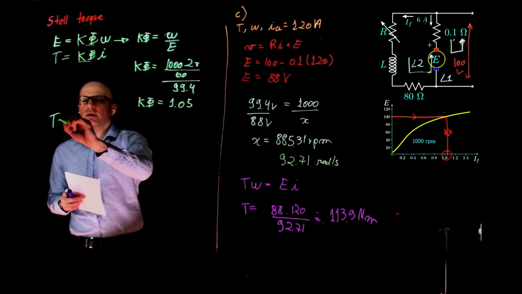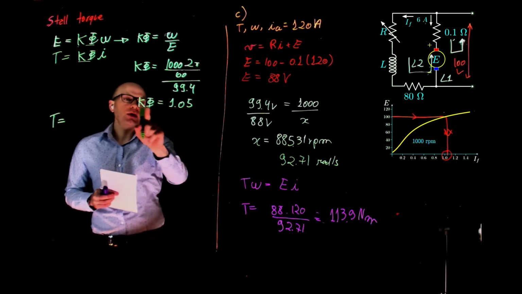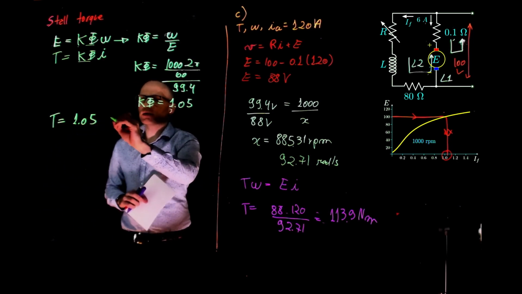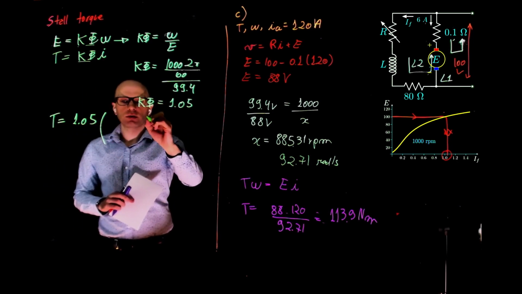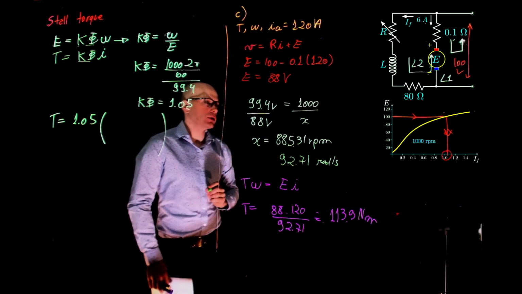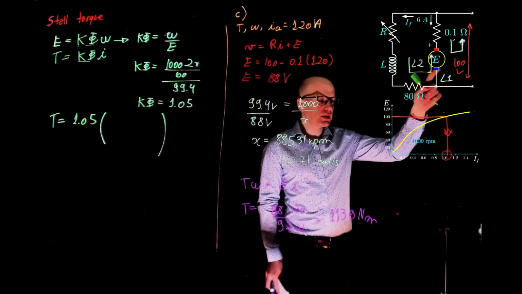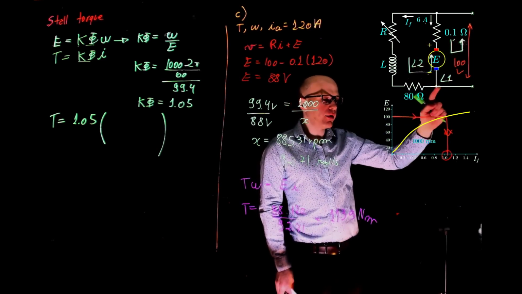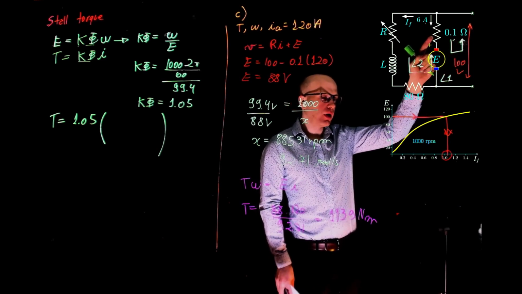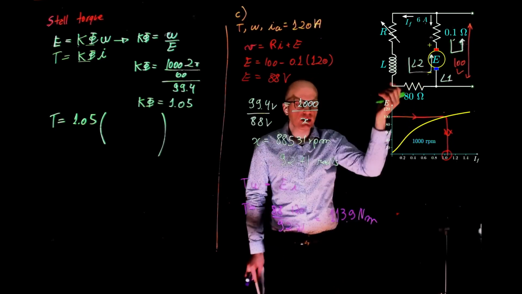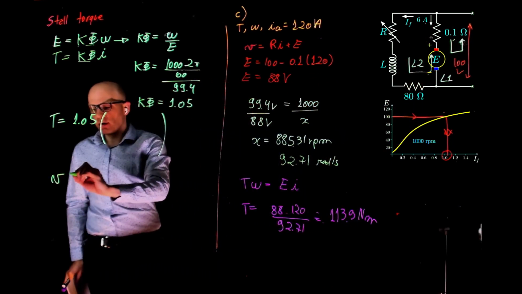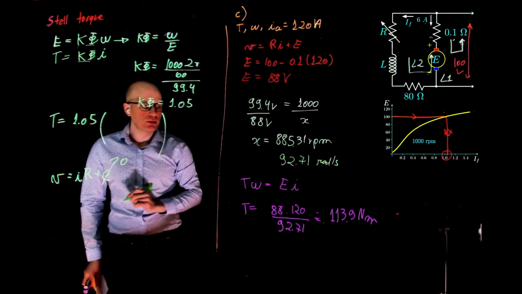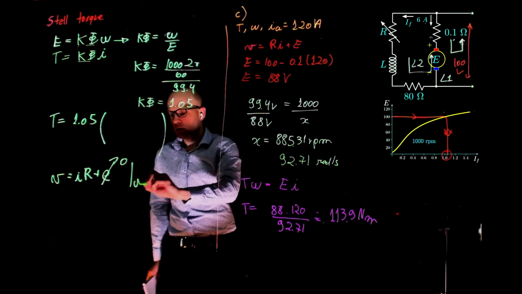So the torque now becomes K times phi, which here is 1.05, times the current. What is the current? The current is the stall current. The stall current implies that the motor is not rotating. If it is not rotating, the only thing opposing current in this loop is this resistor. We can write the same expression again: V equals IR plus E, which is 0 when omega is 0.